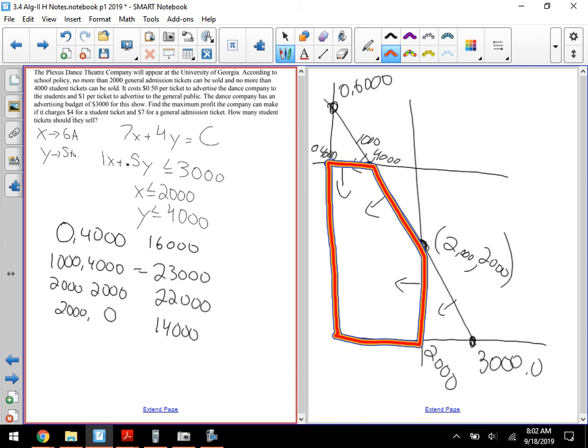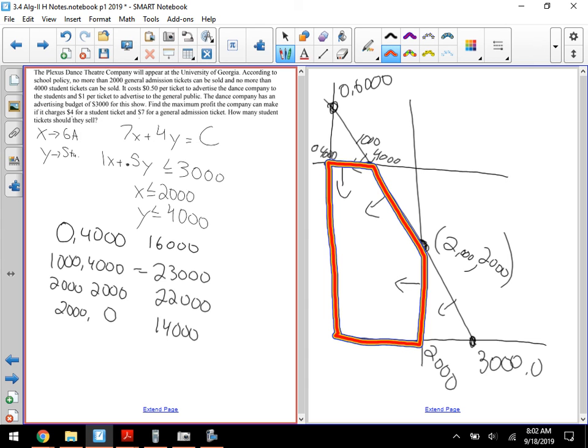According to our question that was being asked, how many student tickets should be sold? Well, our student tickets are the Y value at the maximum, which is 4,000. Very good. What just happened? We substituted the points collected to our objective function and got our maximum value.